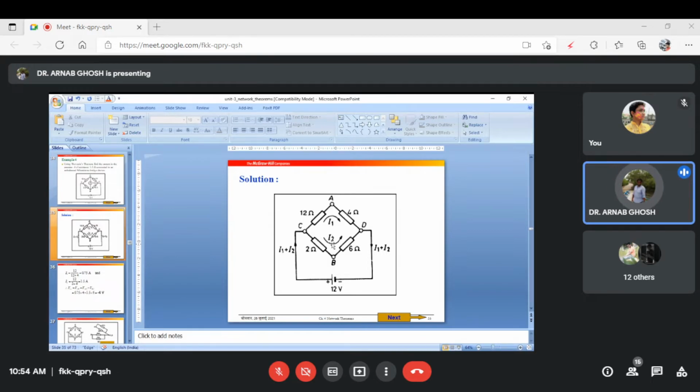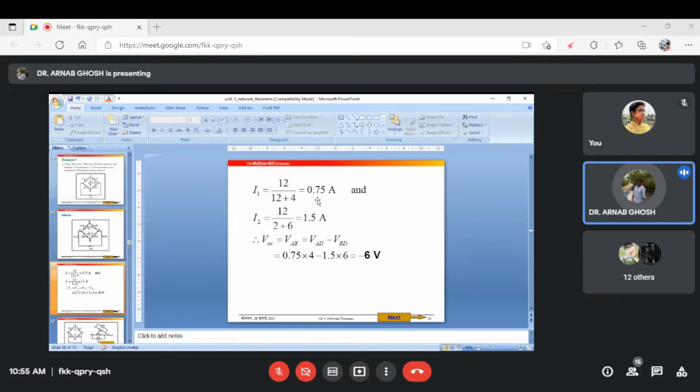You have eliminated this in between ammeter. So I1 plus I2 is the total current. I1 is through this 12 ohm and 4 ohm. I2 is through 2 ohm and 6 ohm. So you are getting I1 as 0.75 ampere and I2 as 1.5 ampere. Okay. So what is the open circuit voltage or VAB voltage?